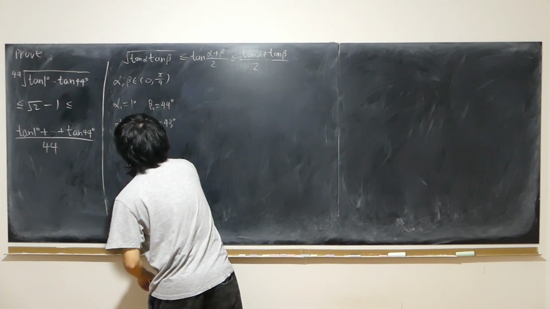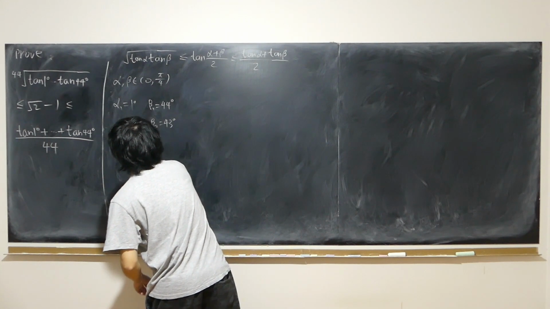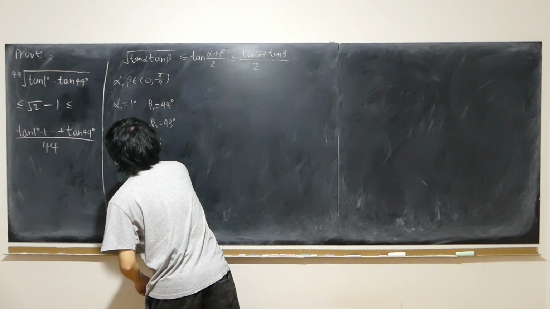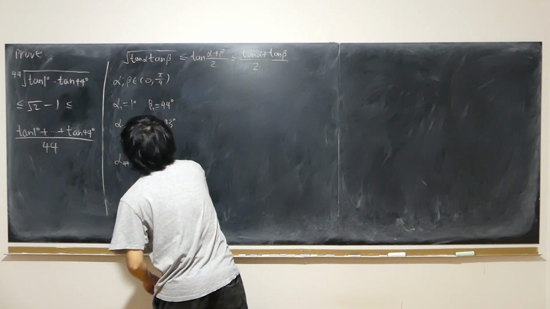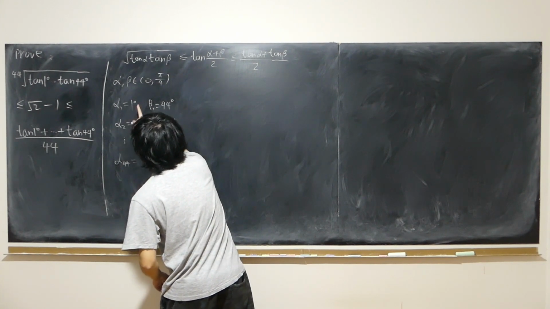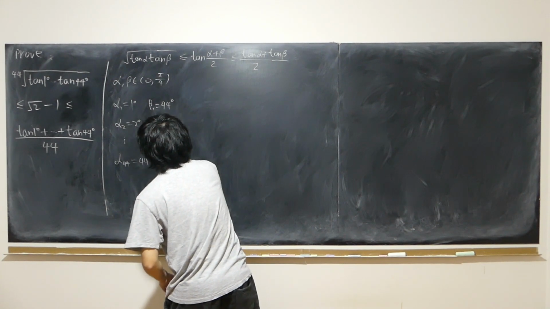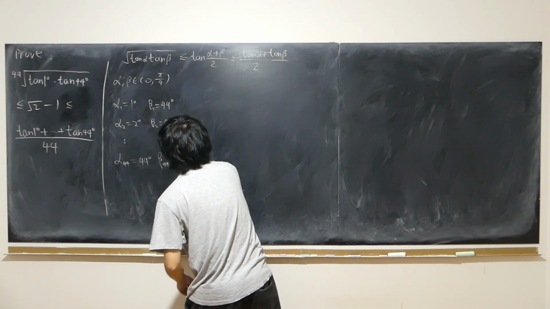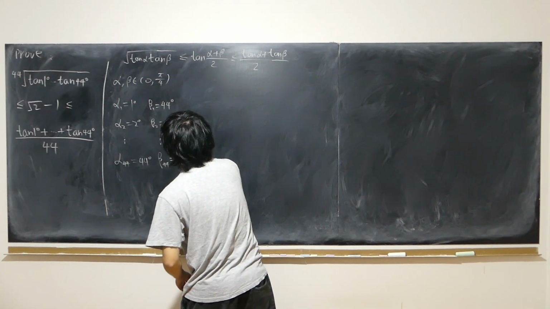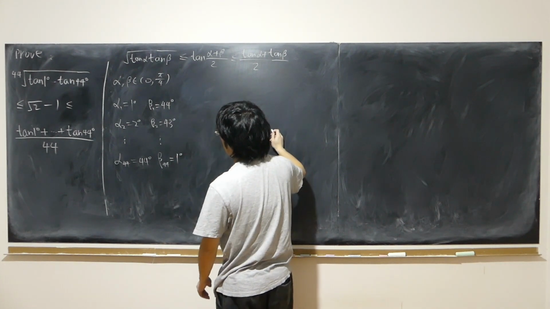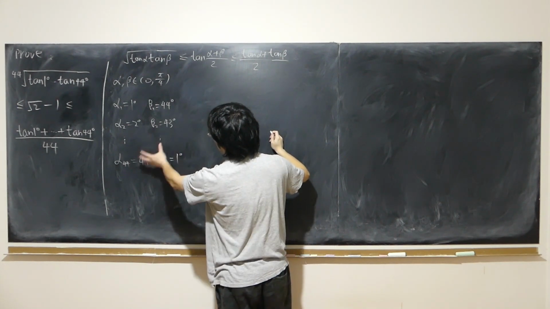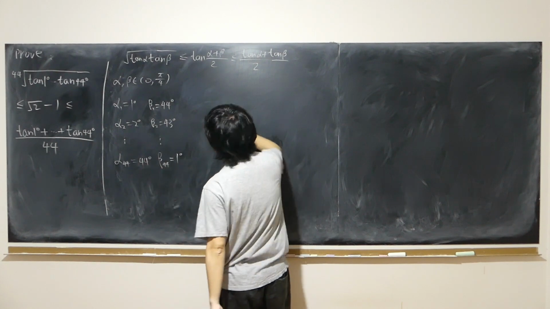I'm going to go all the way up until alpha sub 44, which should be equal to 44 degrees, and beta sub 44 equal to 1 degree. So I have 1 pair, 2 pair, up to 44 pairs.